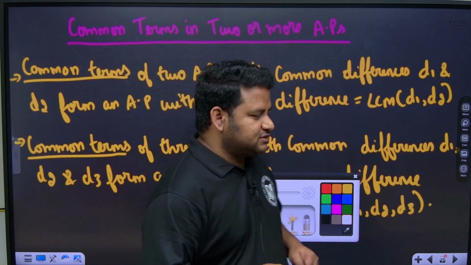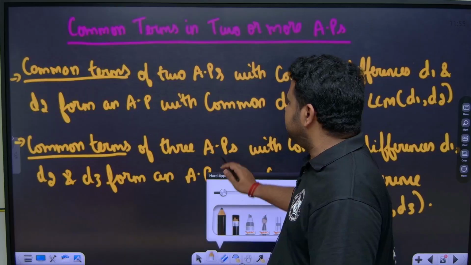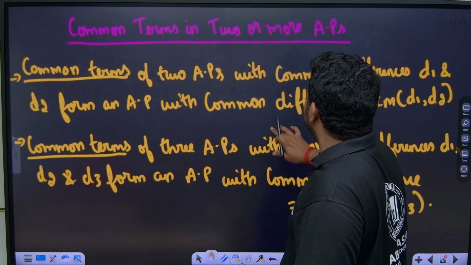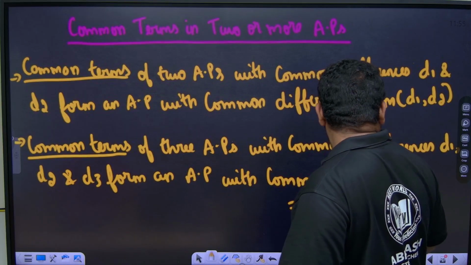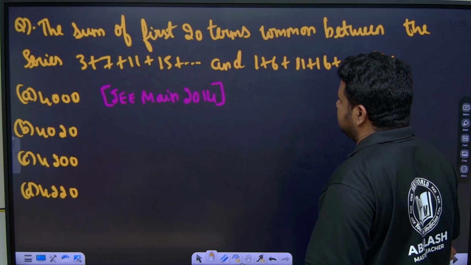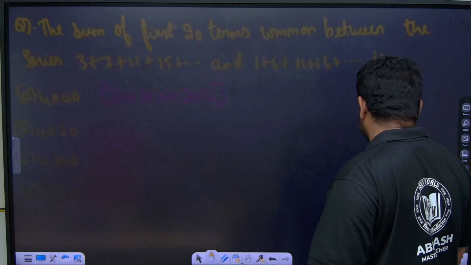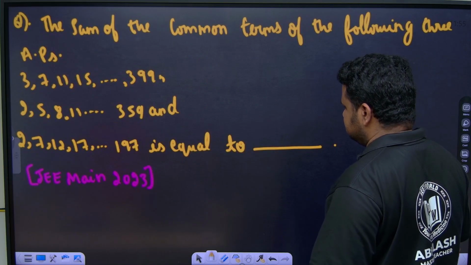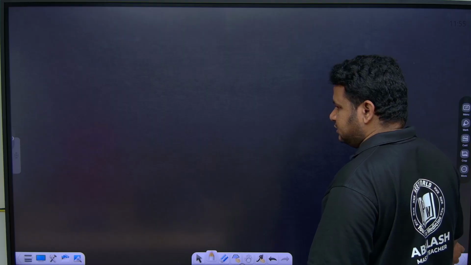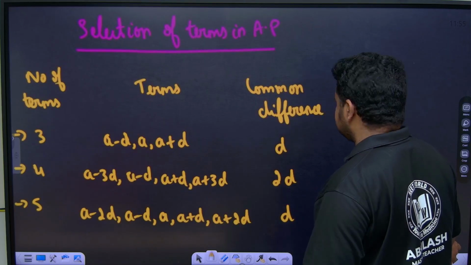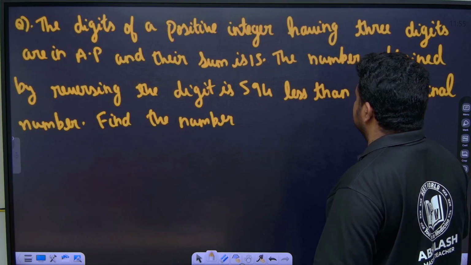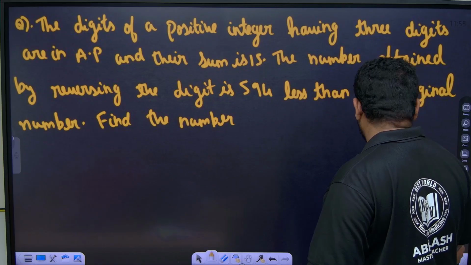So let us continue with sequence and series. We were doing common terms of 2 or more APs. This was done actually. Now we are stuck with one question. This is not the question. Let us see. This is also done, and this was also done.